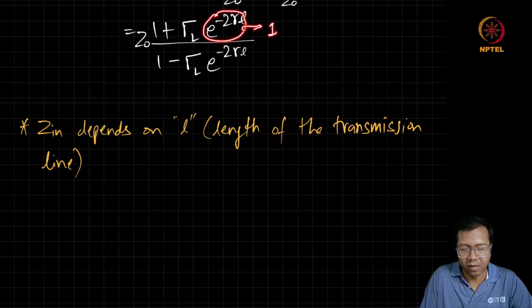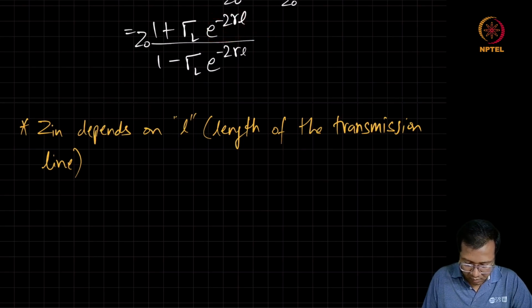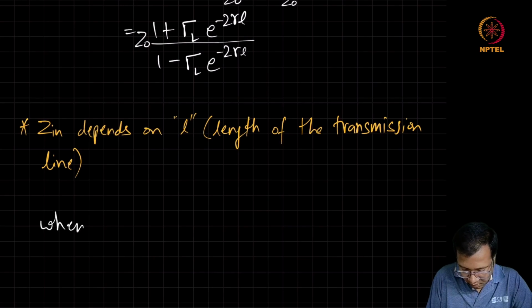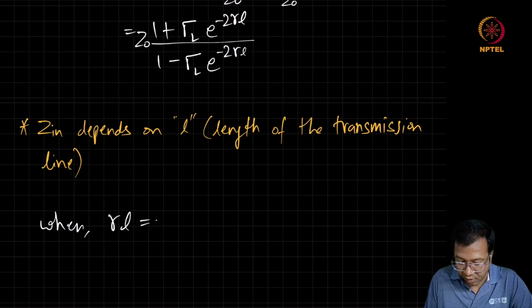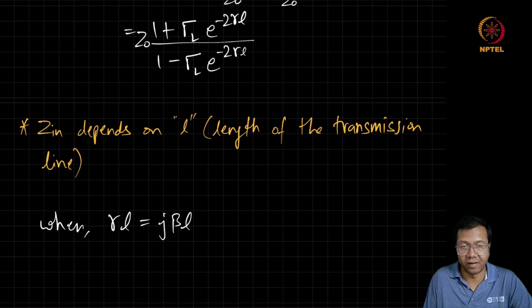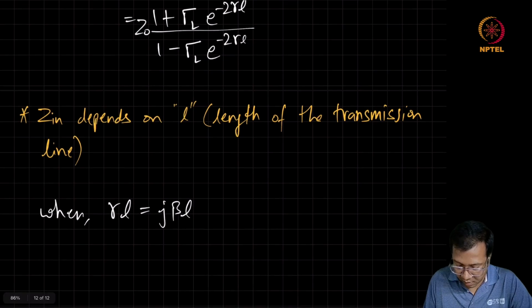That will happen when minus 2 gamma L approaches 0, when gamma L, which is also equal to j beta L for the lossless transmission line case, approaches 0.